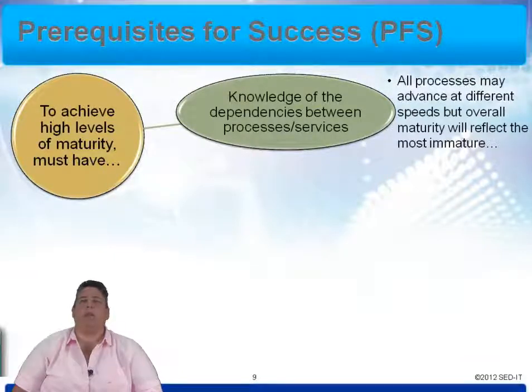Lastly, to achieve high qualities of maturity within an organization, you have to understand that there may be prerequisites for success, or PFSs. One of those PFSs is knowledge of the dependency between processes and services. If you understand that processes may advance and mature at different speeds, the overall maturity will only reflect the most immature process.